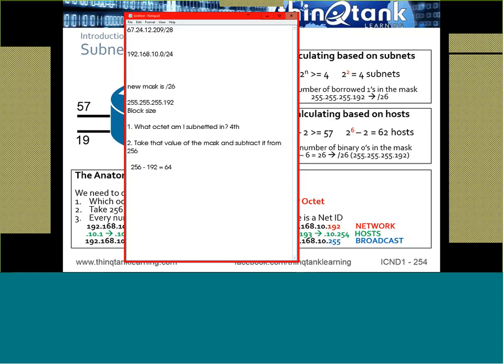Every address in the fourth octet, because that's what we're subnetted in, divisible by 64 is a network ID. Every address in the fourth octet divisible by 64 is a network ID.